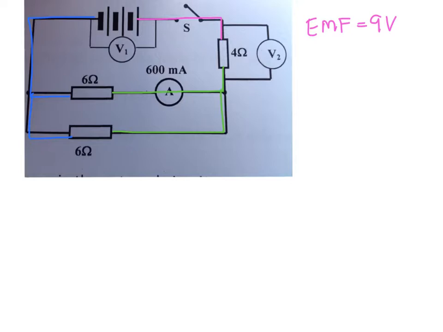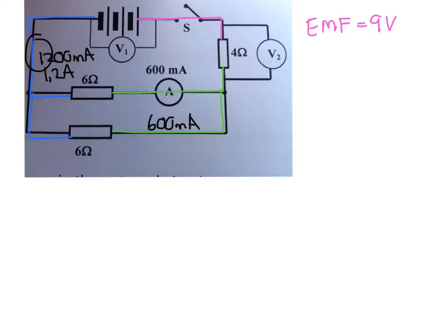They are identical resistors, which is good news. That means that I can put another 600 milliamps on that branch. When those 2 branches come together, if I had an invisible ammeter over here, it would be 1,200 milliamps, which is actually 1,2 amps.